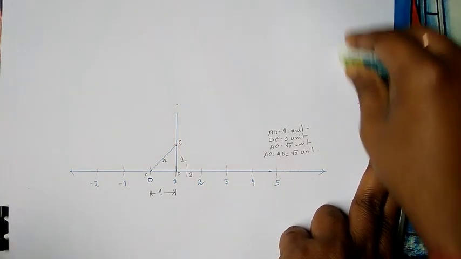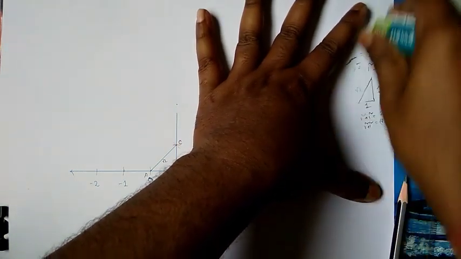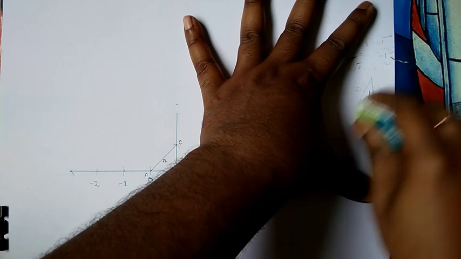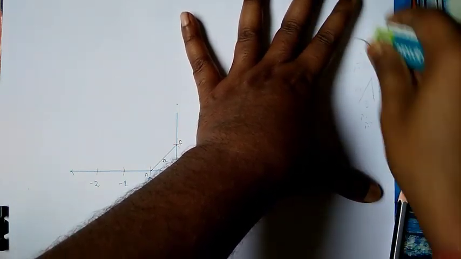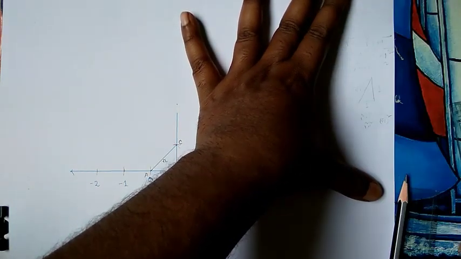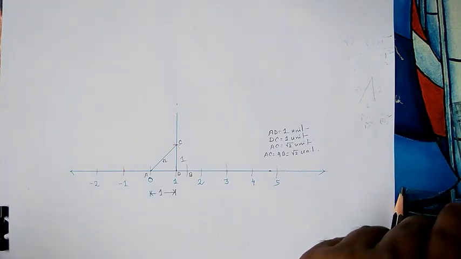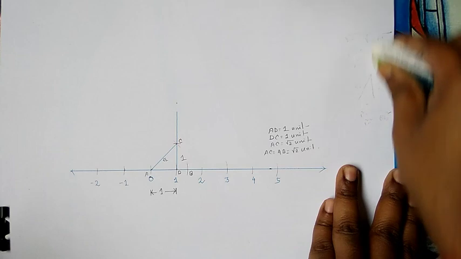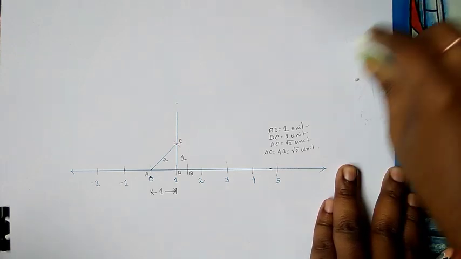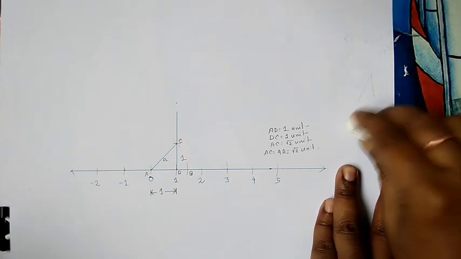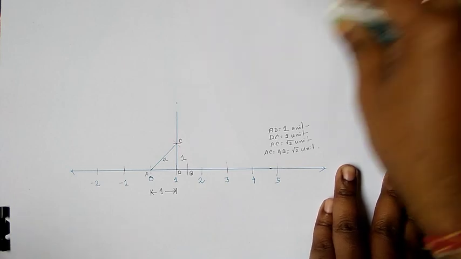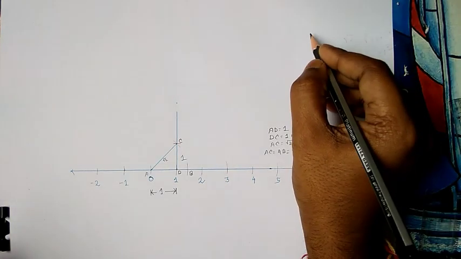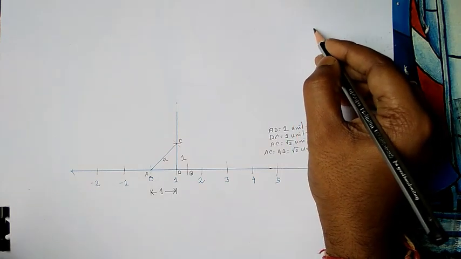See, if this rough figure is required, then pause the video and go back and write it in your copy. Okay, now I am showing you why root 3 is required.